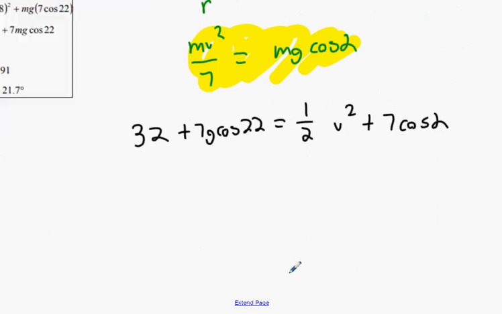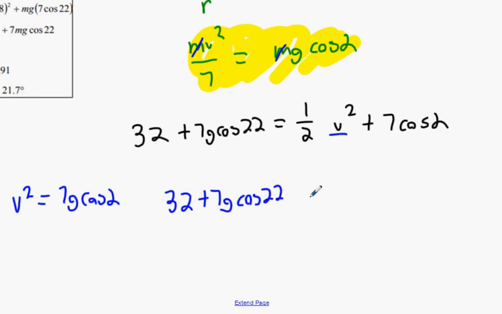So what we're going to do next is, I reckon, isolate v squared in both of them. Get rid of that m, get rid of that m. v squared equals 7g cos alpha. Then I'll just sub it in, might work out quicker. That'll be 7 over 2, over 2g cos alpha.